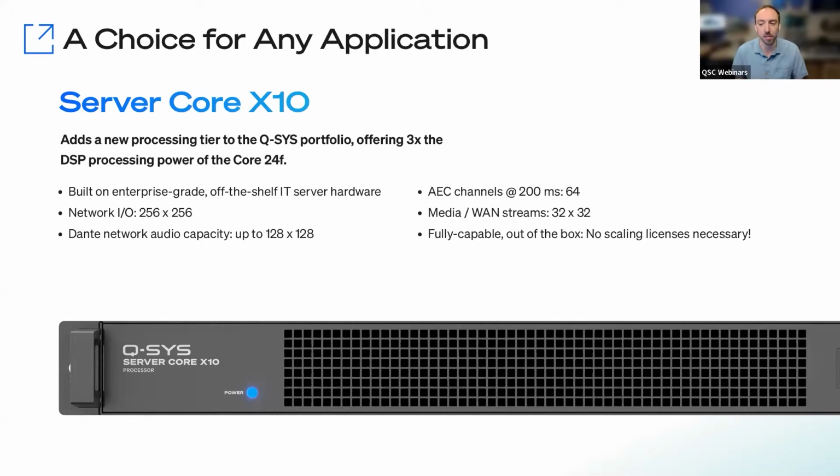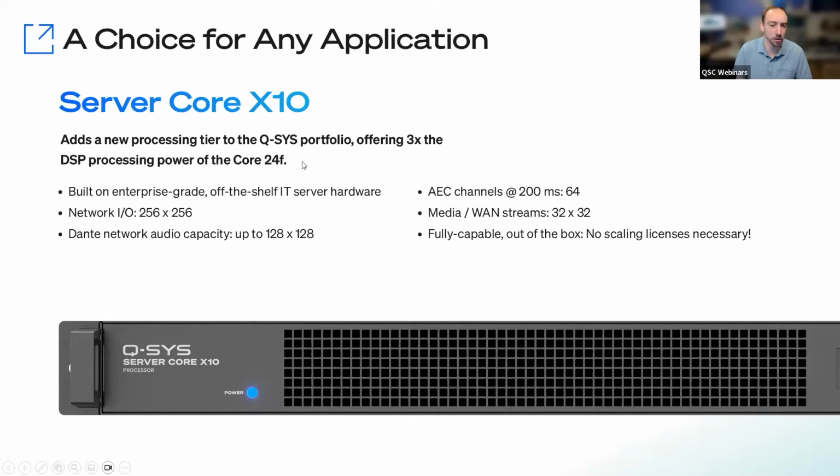So that means they don't use the network timing that Dante and QLAN use. They are just encoded audio streams that can go either across the layer 3 network as multicast traffic, or out to the wider world, which is what that WAN stream does. It'll actually put that audio out on the public internet if you can get all the way out there.